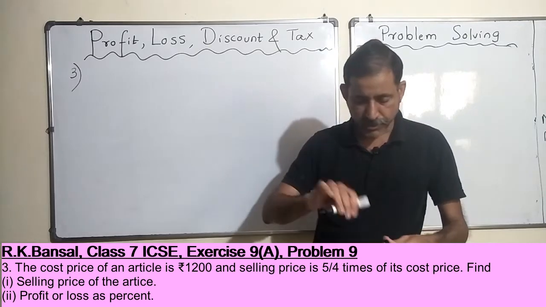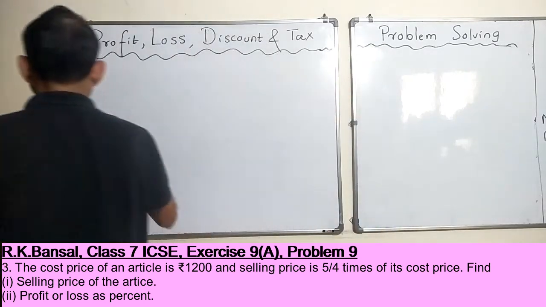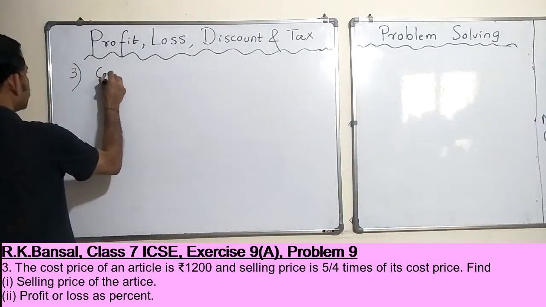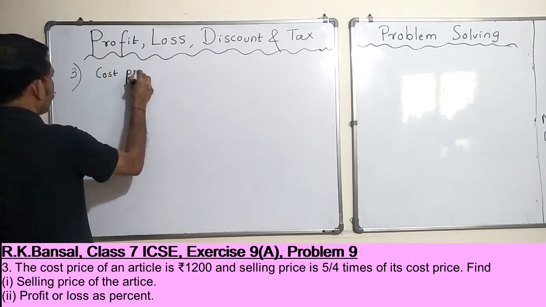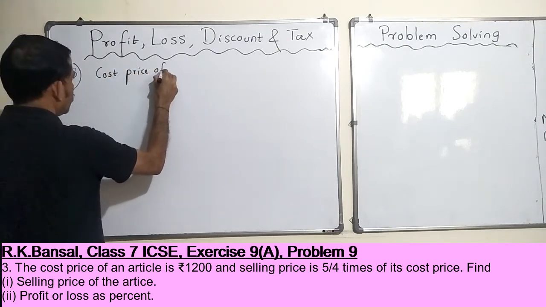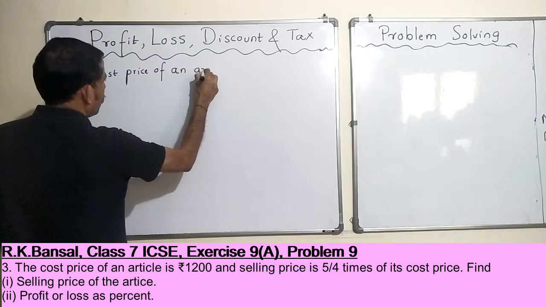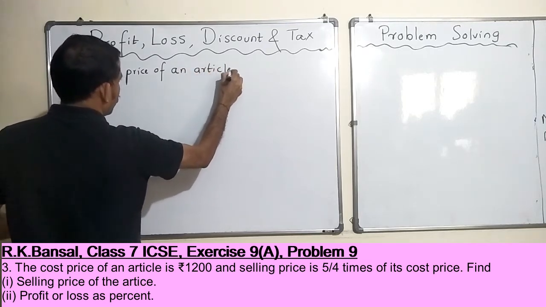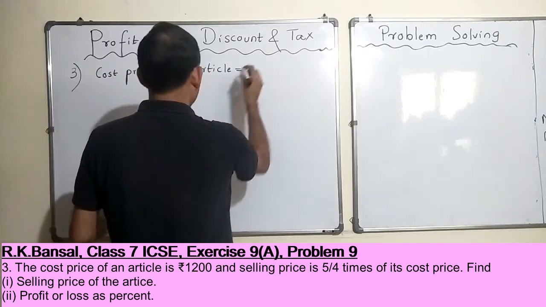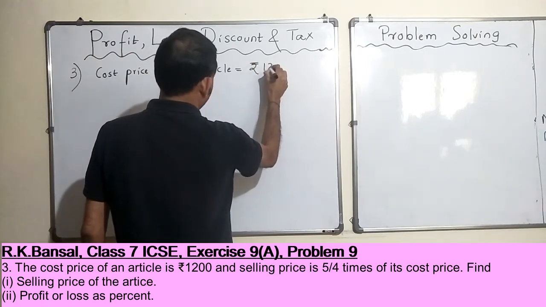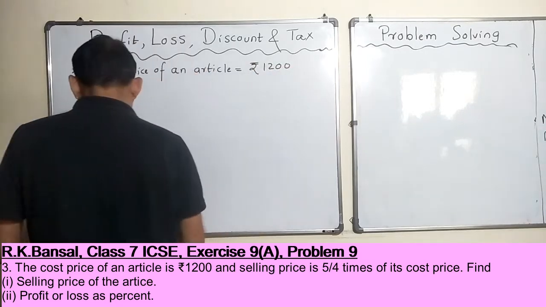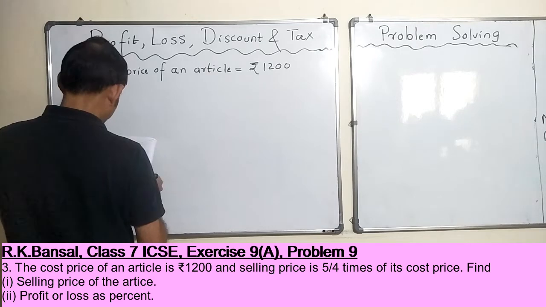So what we know is cost price of an article is rupees 1200, good, and selling price is 5/4 times of its cost price.